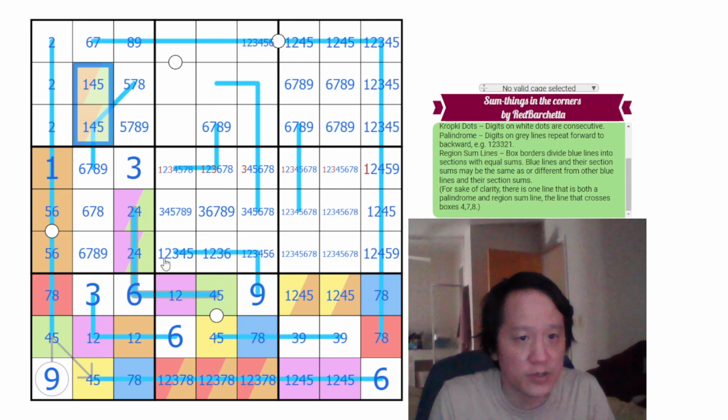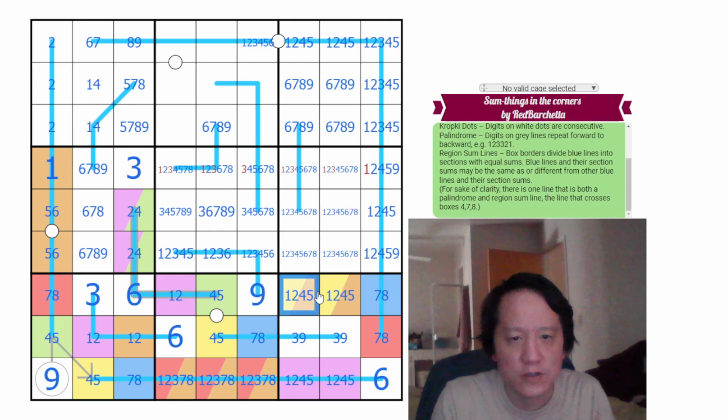So this has to be 4. Let's remove these multicolors too. We'll remove those multicolors and those multicolors and these multicolors. So we know exactly what these numbers are. So the greens have to be 4.